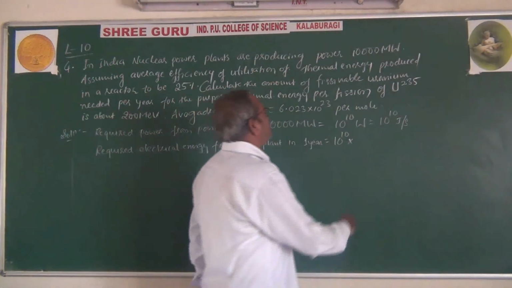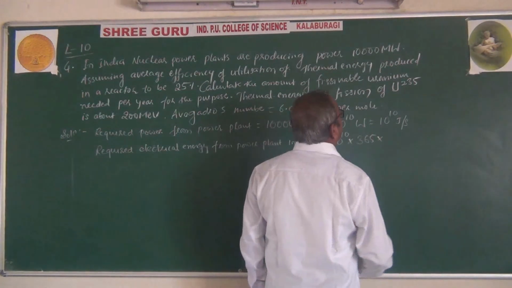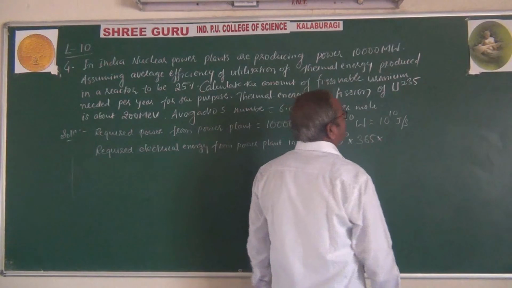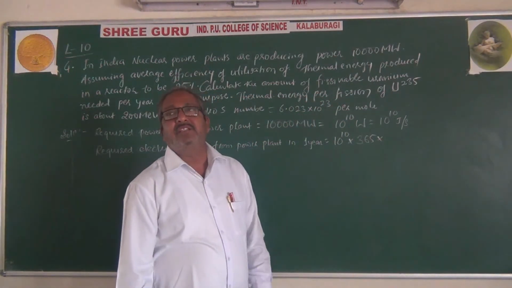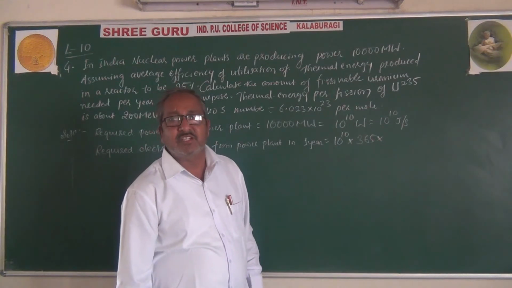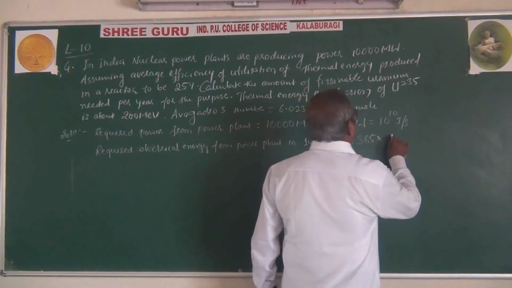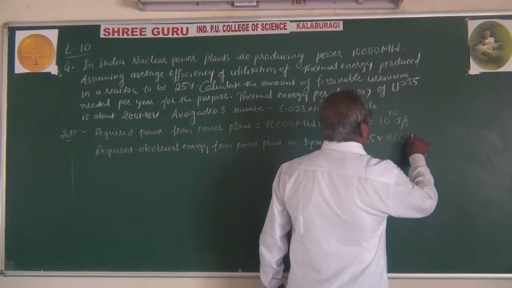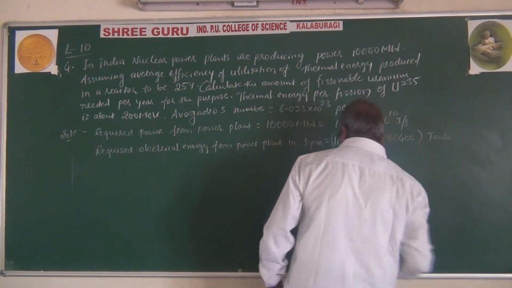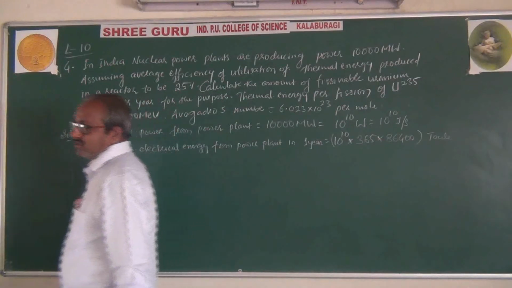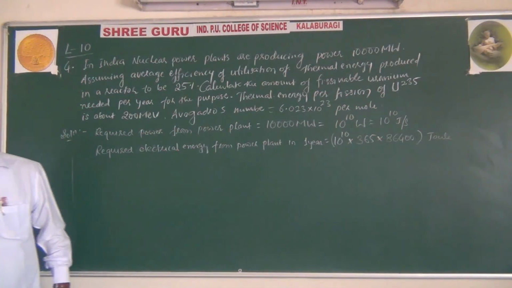Into the number of seconds in every day: in 1 day 24 hours, each hour 60 minutes, each minute 60 seconds, total 24 into 60 into 60, which is 86,400. This much is the amount of electrical energy obtained per year.